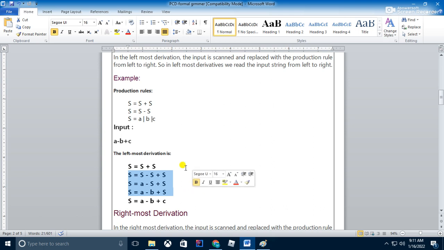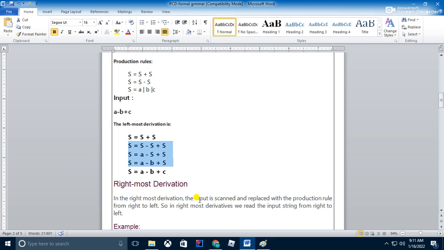Now we are going to start with the second type of derivation, that is called rightmost order of derivation. In the rightmost order of derivation, the input is scanned and replaced with the production from right to left. That's why it is called rightmost order of derivation.